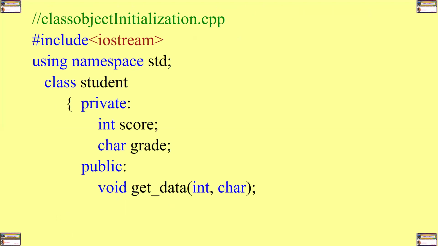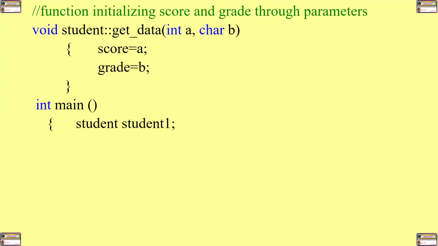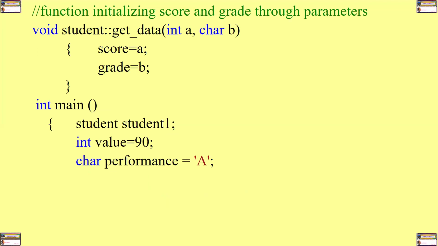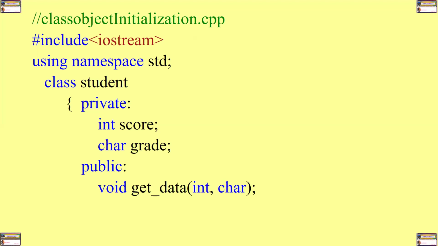This function is called getData. So the two values that are being passed to it will be received. Value and performance will be received as follows. Value will go to the parameter called int, and performance will be received by the parameter called char, or the placeholder called char.